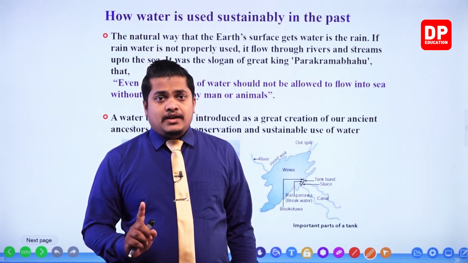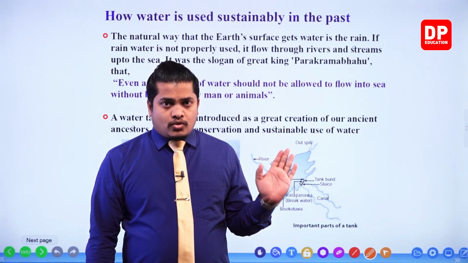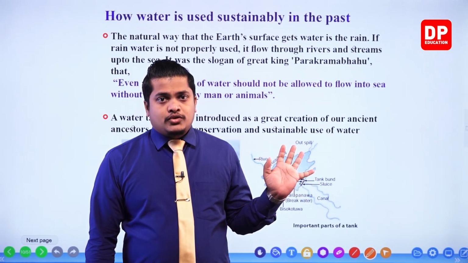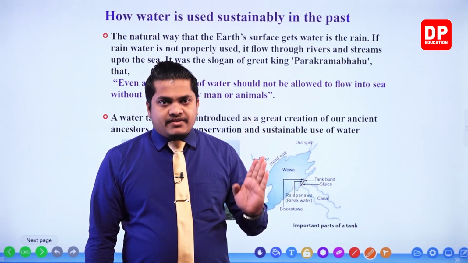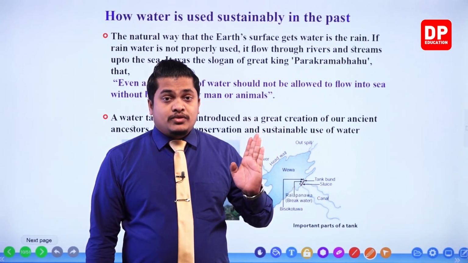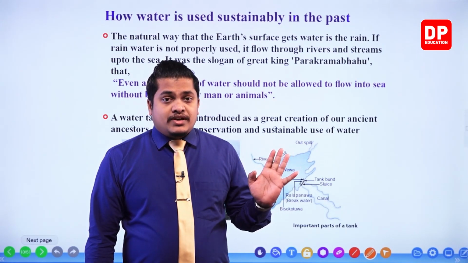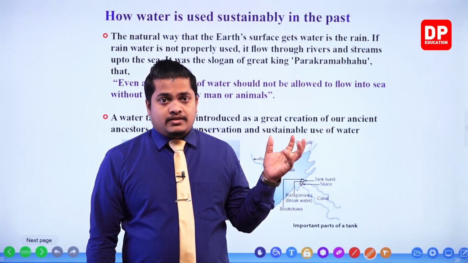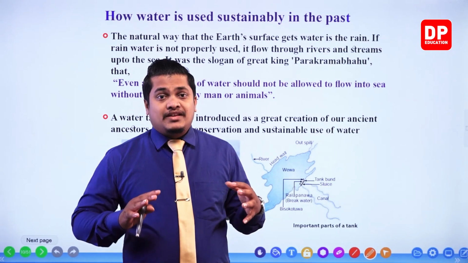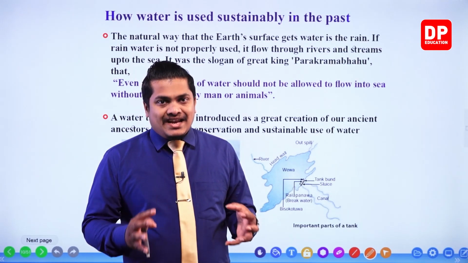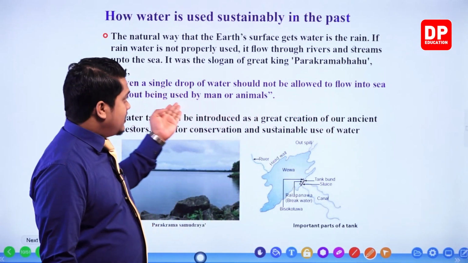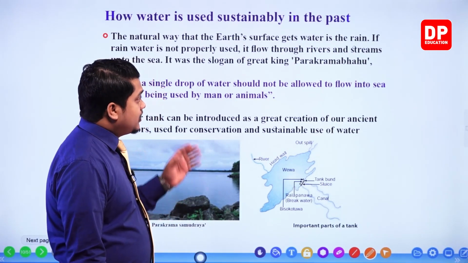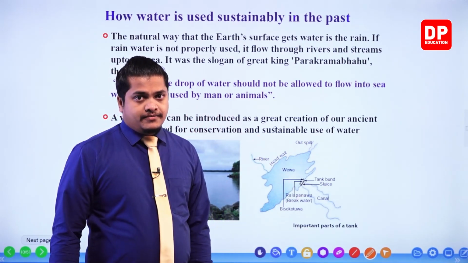So that's why the great King Parakramabahu said that. He was a great, ancient king. He said that we should never waste water, rainwater. We have to protect it. And he gave a certain slogan to the entire community: even a single drop of water should not be allowed to flow into the sea.